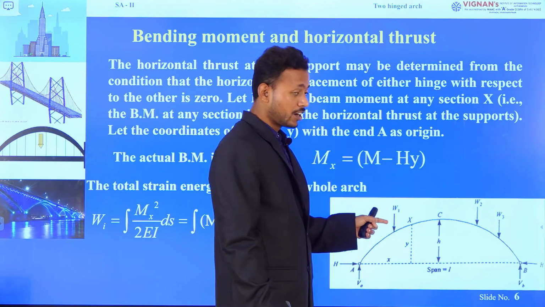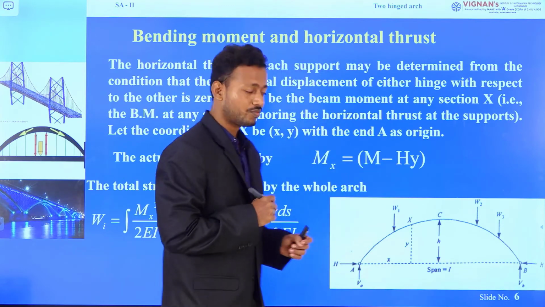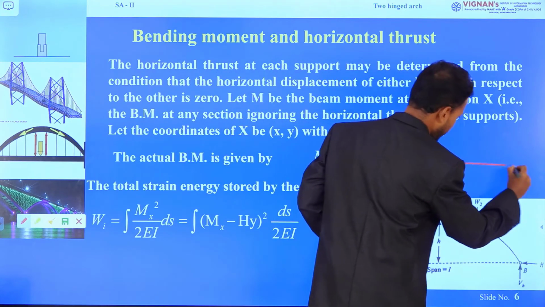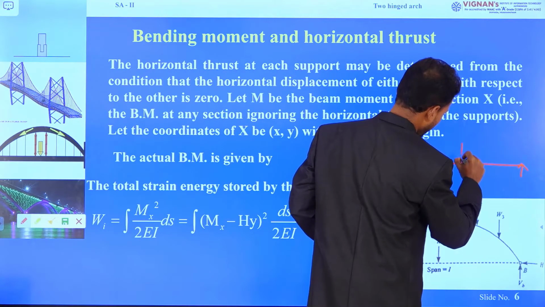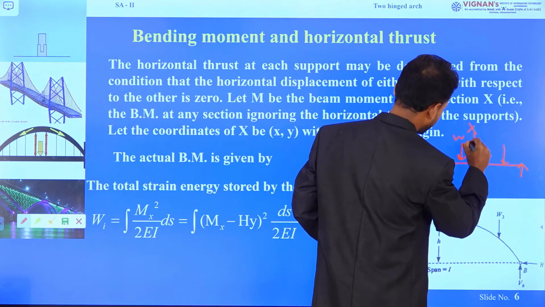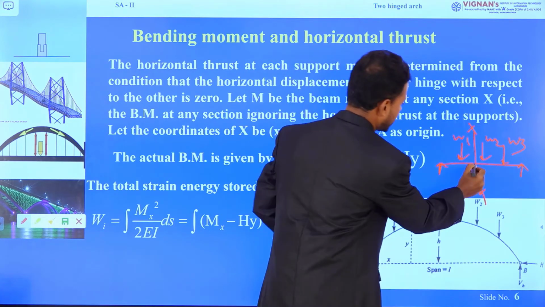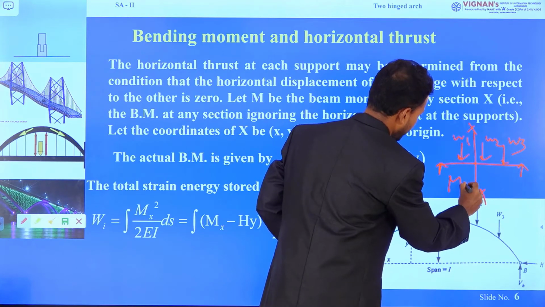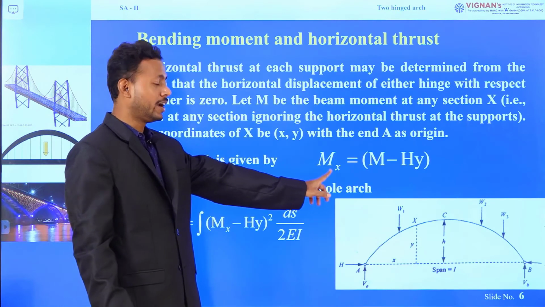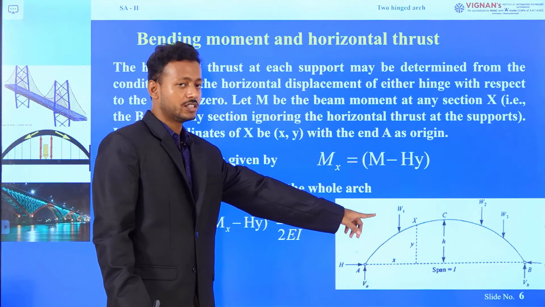Due to the external forces, the bending moment is M. If this were a simply supported beam, just for assumption, due to the different loads the bending moment at section x is M. We have determined that the net bending moment M minus Hy is the bending moment at any section x.